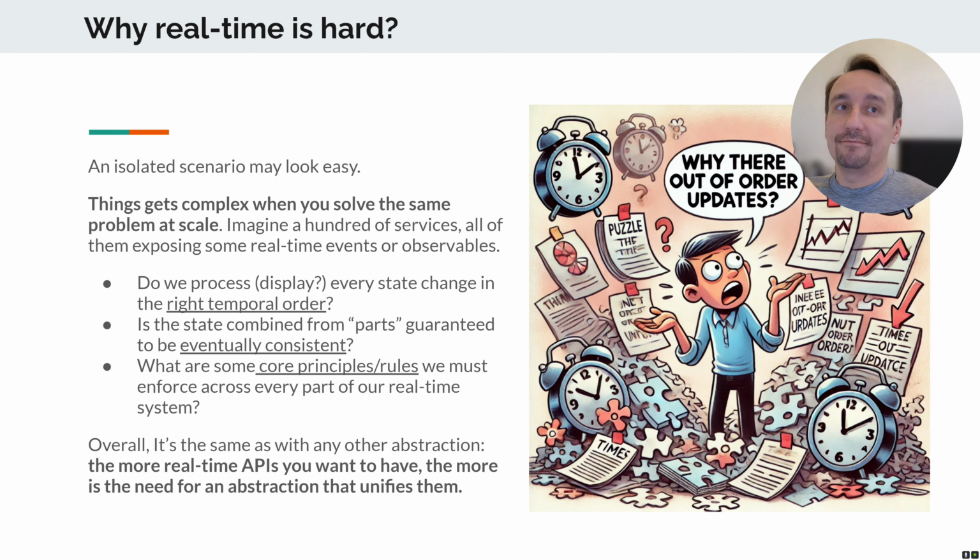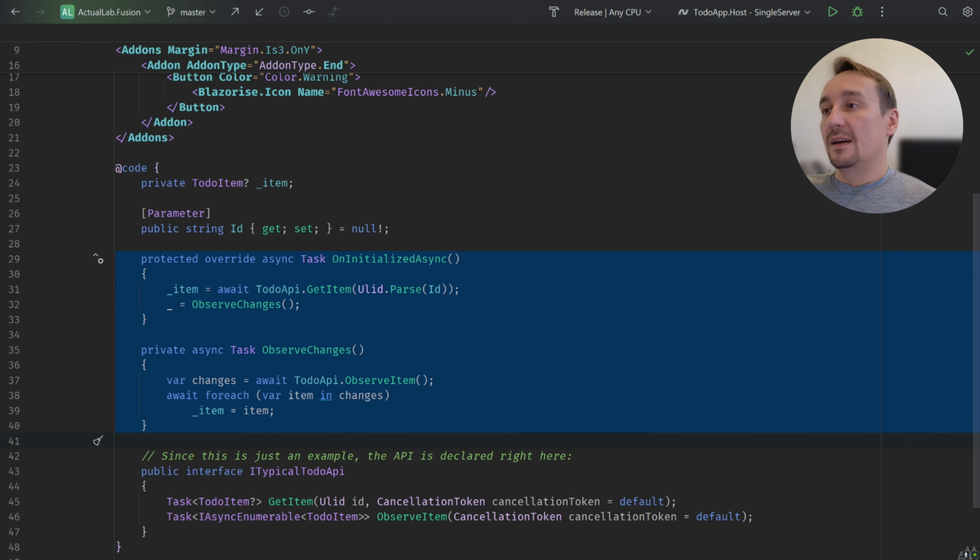Overall, you need some framework and some set of core principles that allow you to build off that. Otherwise, it's going to be extremely complicated. And let me show you why. So let's say we want to approach real time like we normally do. Let's say we have an API which returns a single item, right?